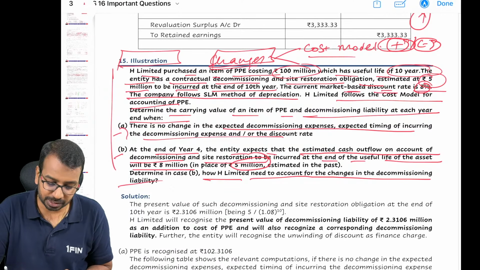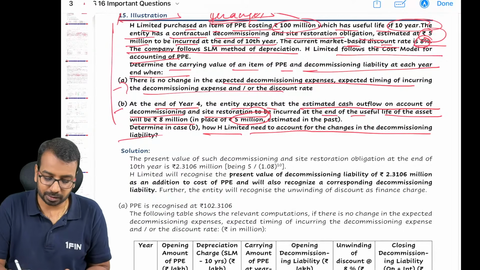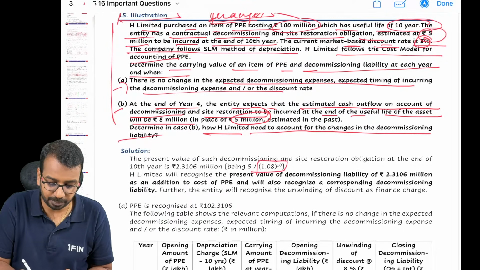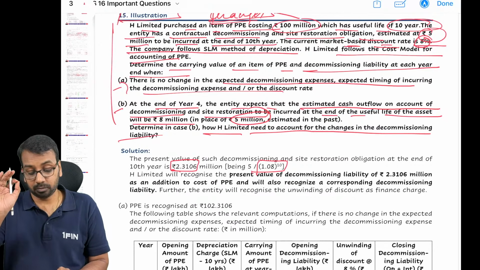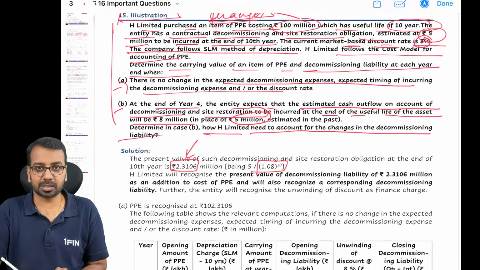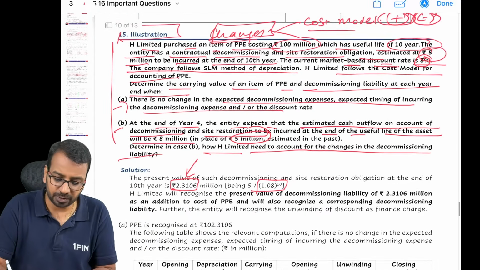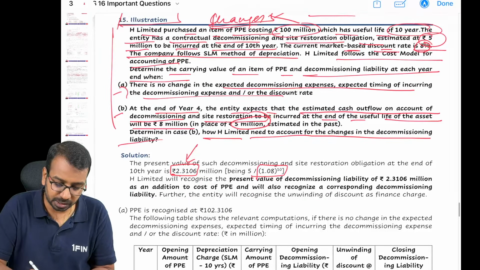So current market based discount rate is 8%. If you take 8%, 1.08 to the power of 10, the present value becomes 2.3106 million. Now if you are not comfortable in handling decimals, my advice to you is, this is 5 million, right?